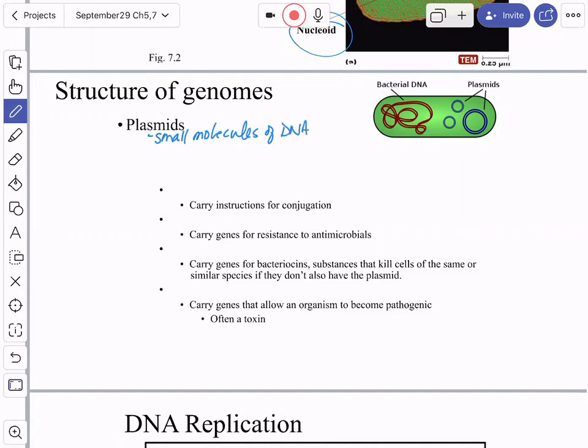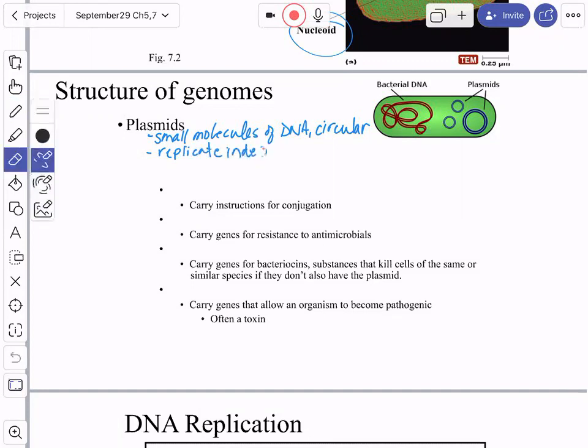And they are circular also. Okay. They replicate on their own timetable. They replicate independently of the chromosomes.